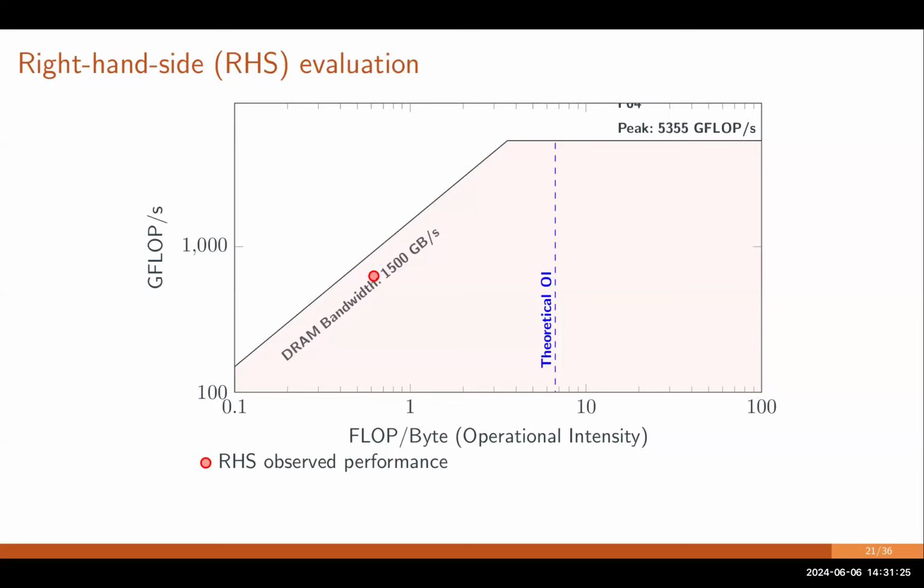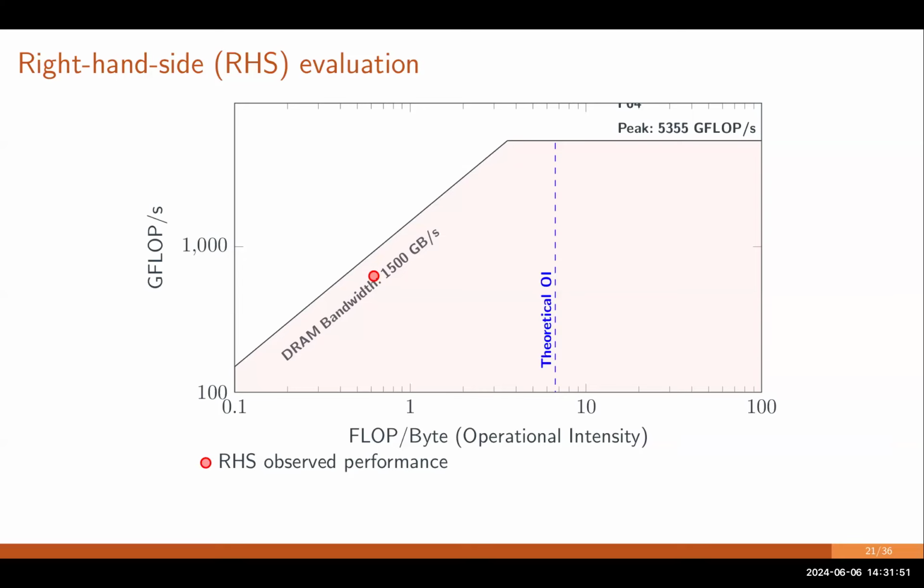This is the empirical performance, I think for the A100 GPU, where you can get 5 teraflops of peak performance. But this is the performance that we actually got when evaluating the right-hand side on this GPU. So this is the observed right-hand side performance.